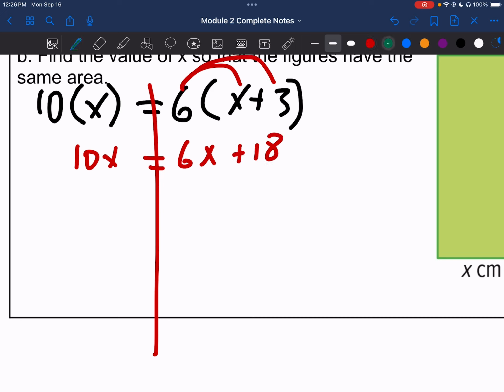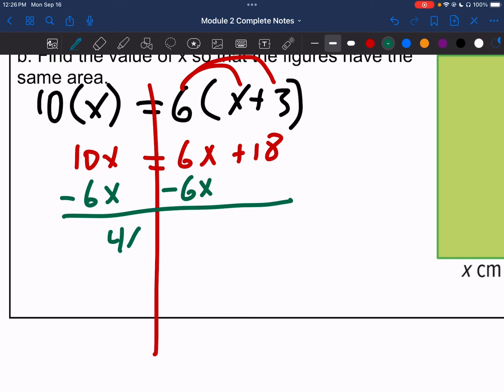Our second step will be to subtract 6x because there are more x's on the left, but also even if 10x was negative, the variable is by itself on the left side. So we don't have any constants there, so we're going to get the variable to that side. So 10 minus 6 is going to give us 4x is equal to, those cancel out, 18.